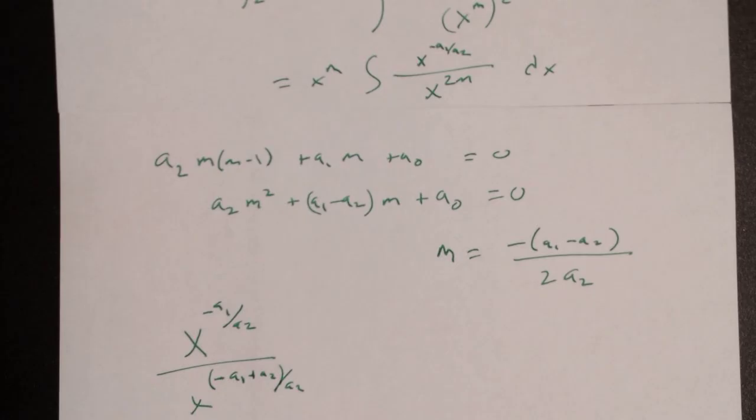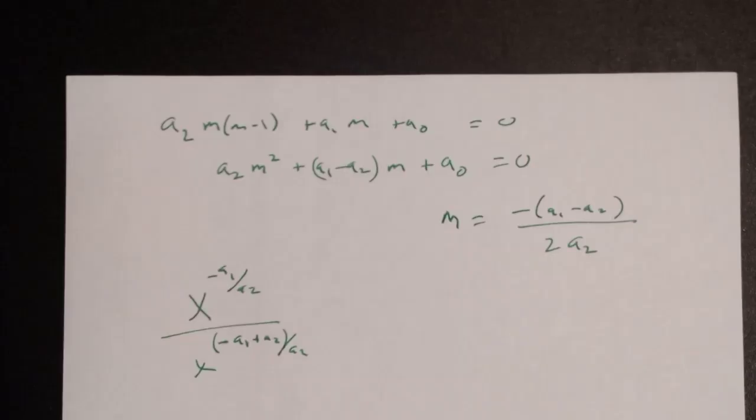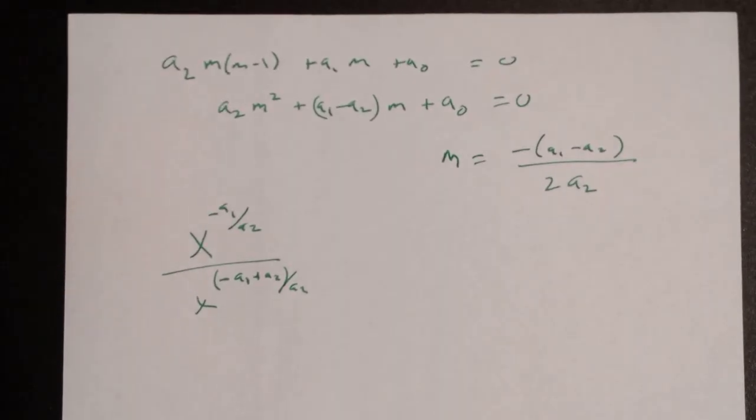With me so far? How does this simplify? What do you do with a root that's a power of x that's on the bottom?